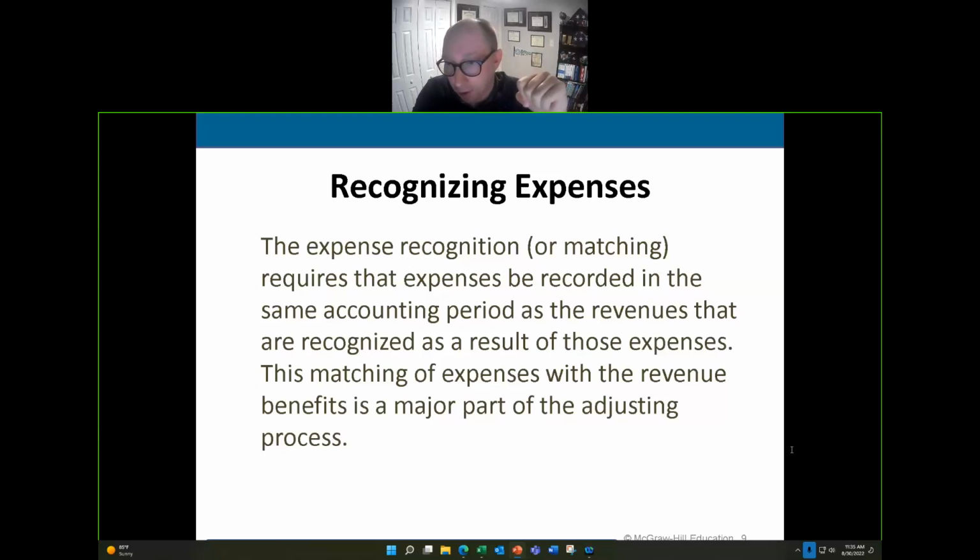I received the bill in August, and I paid it in August. According to the accrual-based accounting system, I must record the expense when it's used, when the electric was used. So I record the electric consumption, the electric bill, in July.